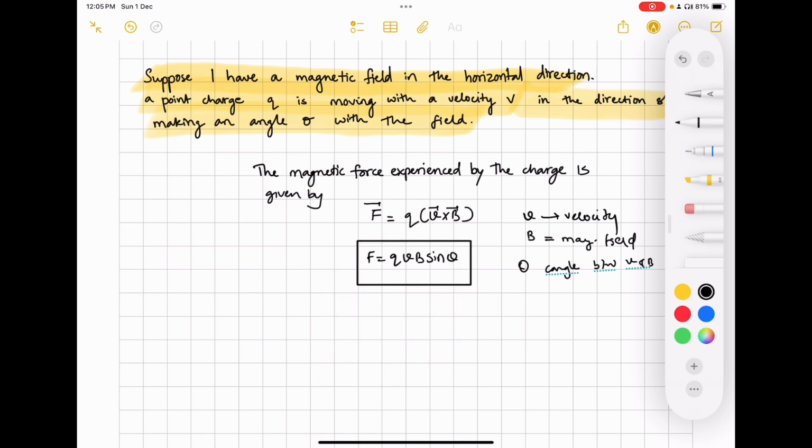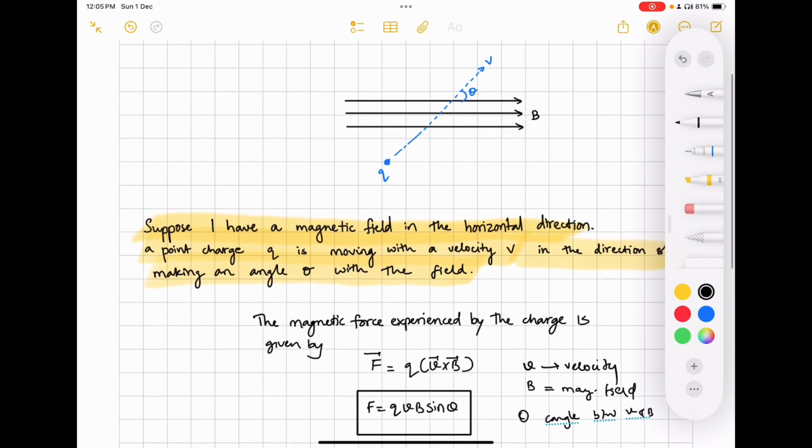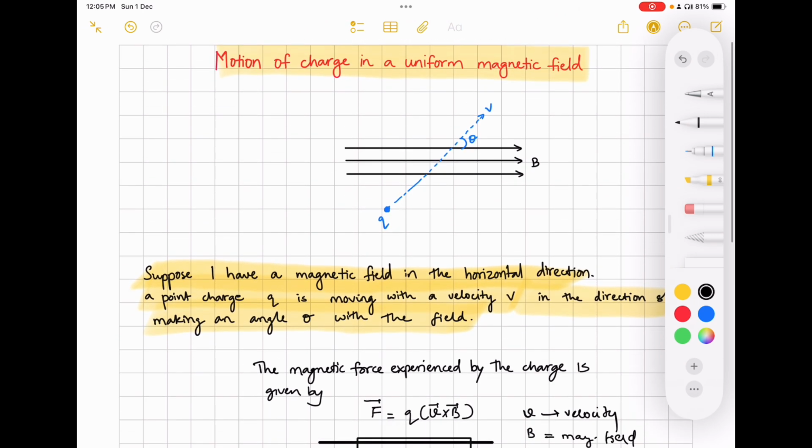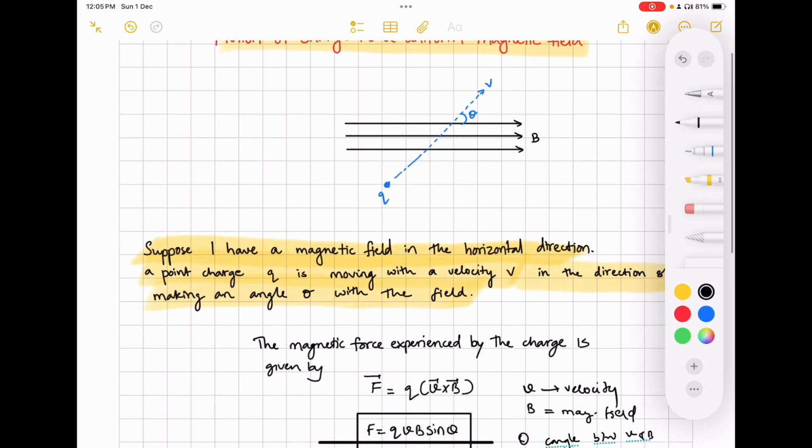So this is the force experienced by a charged particle in an external magnetic field which is uniform.